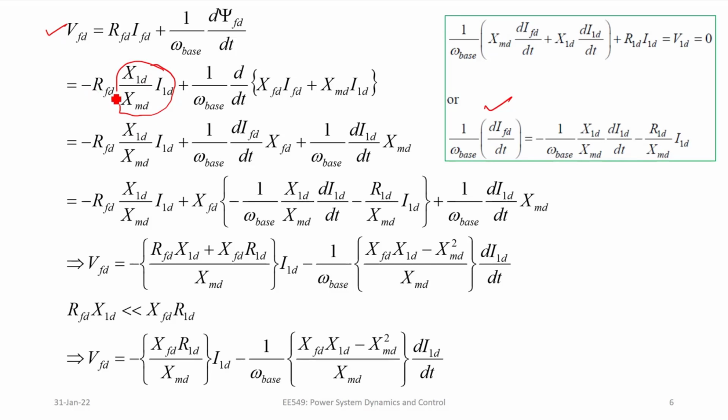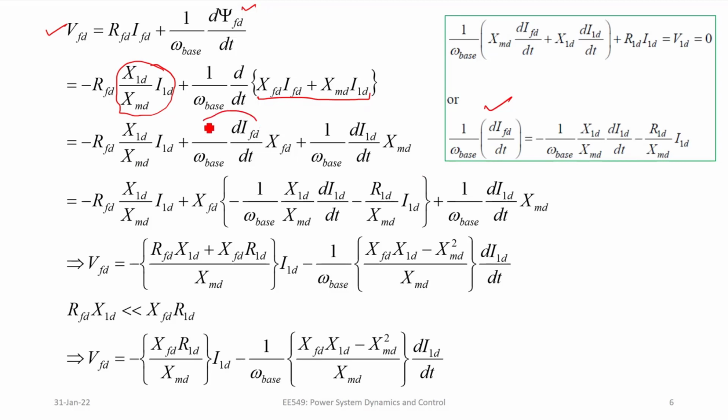So I can write minus RFD into X1D by XMD I1D plus 1 by omega base d by dt of psi FD, which is XFD IFD plus XMD I1D because ID is equal to 0. So only these terms will remain. Now expanding these terms with respect to the derivatives, I have minus RFD X1D by XMD into I1D plus 1 by omega base d IFD by dt XFD plus 1 by omega base d I1D by dt into XMD.